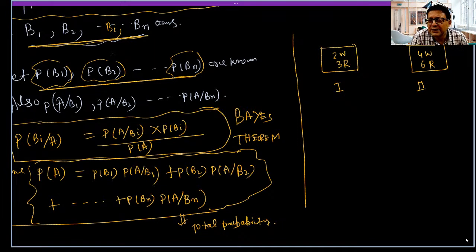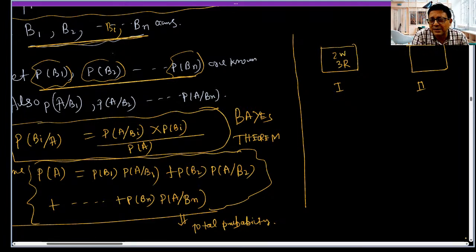Wait a minute. Just let me change a bit. Why is this change required? Because I want to consider a general case, and I want to find if symmetry is there by taking two events only. 3 white and 7 red. Clear?